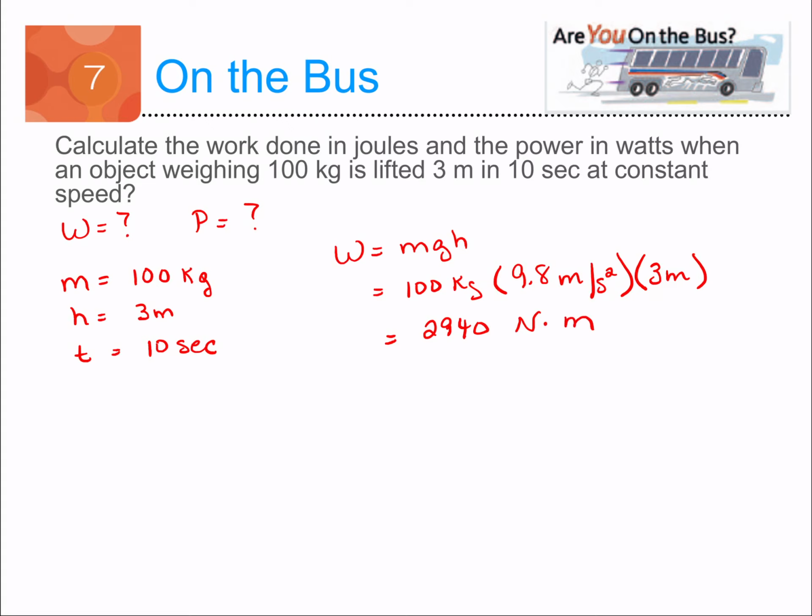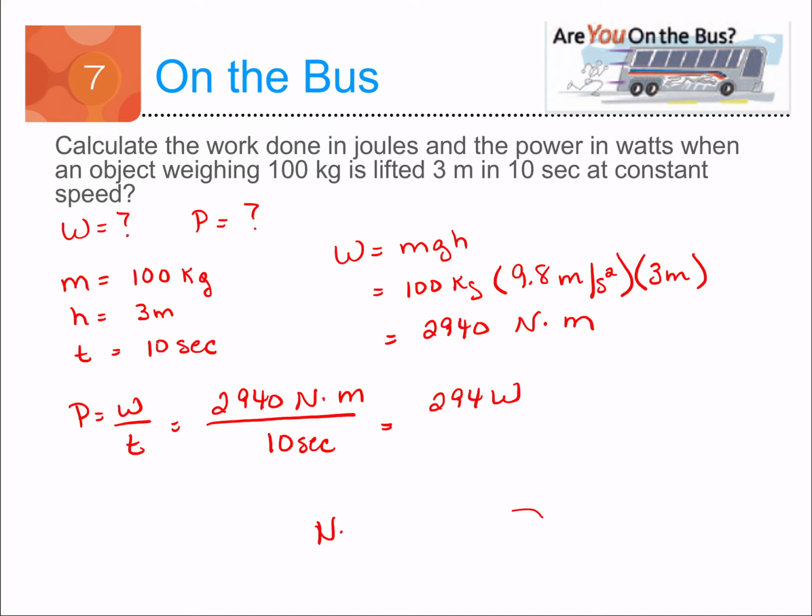One of our formulas for power is power equals work over time. Our work is 2940 newton meters and our time is 10 seconds, so our power is 294 watts. You might be wondering why I put newton meters. Well, a newton times a meter equals a joule. This ends part 5 of chapter 7.